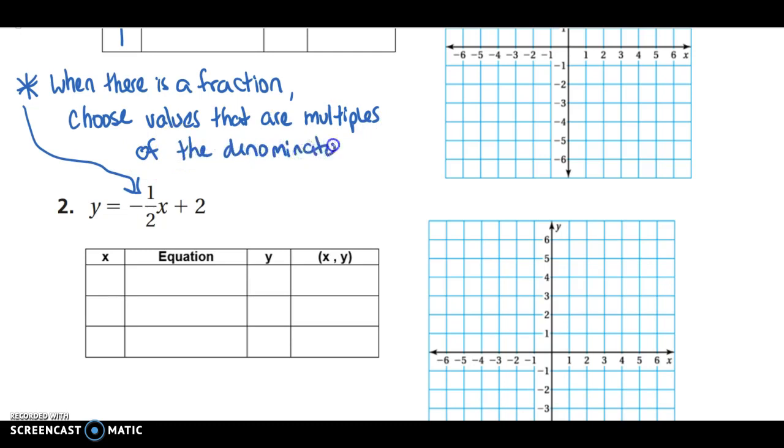That is just so that we can avoid having to graph fractions. So in this case, our denominator is 2.